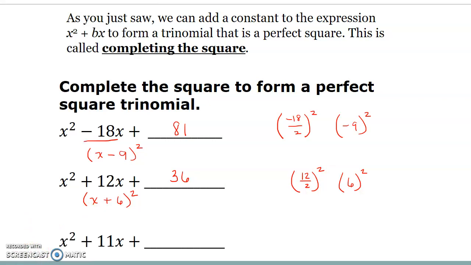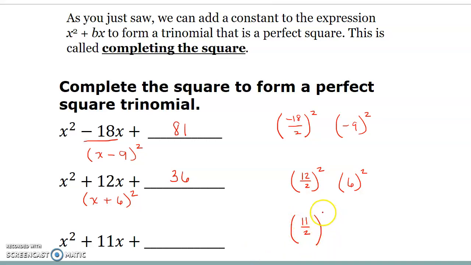Now not every b value is nice and even, and if I have to divide it by 2, it may not come out pretty, but that's okay. It still works. I still want half of my b value, so I want half of 11, and I'm going to leave everything a fraction. It's easier just to work with the fractions because sometimes your decimals get really gross.